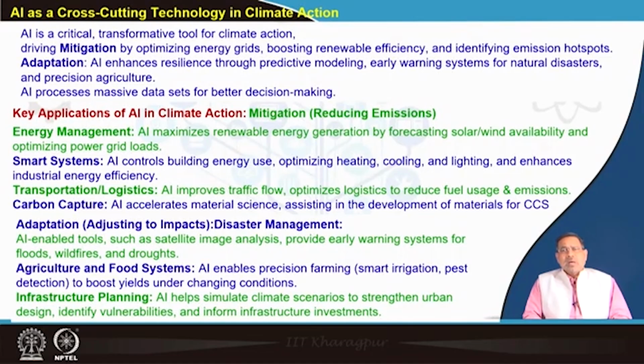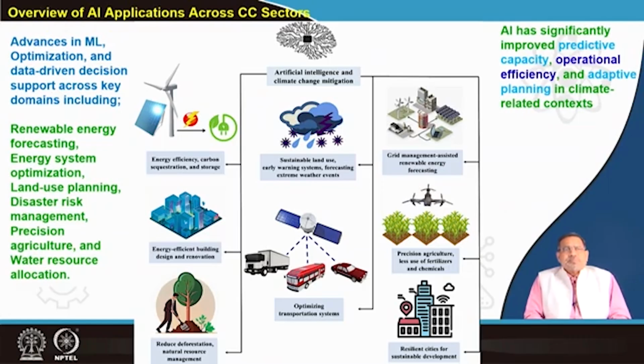Coming to the infrastructure planning, AI also helps in simulating climate scenarios to strengthen urban design, identify vulnerabilities to inform infrastructure investments. So, AI has significantly improved the predictive capacity, operational efficiency and adaptation planning in terms of climate related contexts.